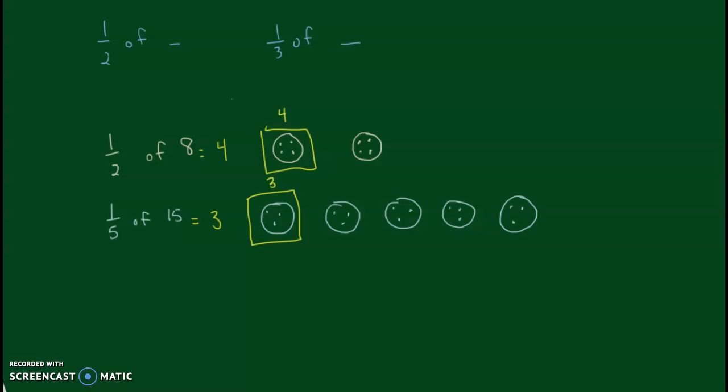Now, as I was doing those problems, you may have noticed that if you would take the whole number 8, and divide it by the denominator, 8 divided by 2 is 4. Or in this case, 15 divided by 5 is 3. Whenever you have a unit fraction, I'm going to write that down, unit fraction.